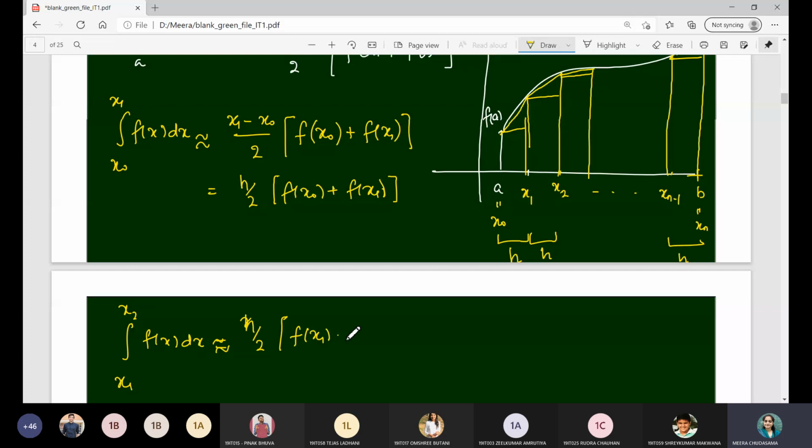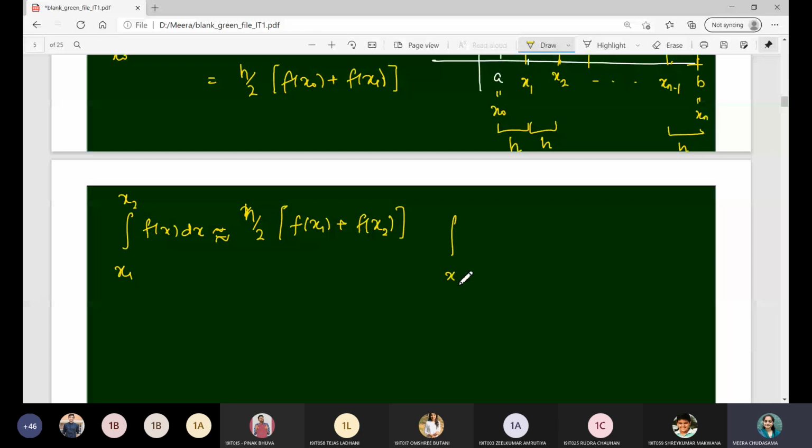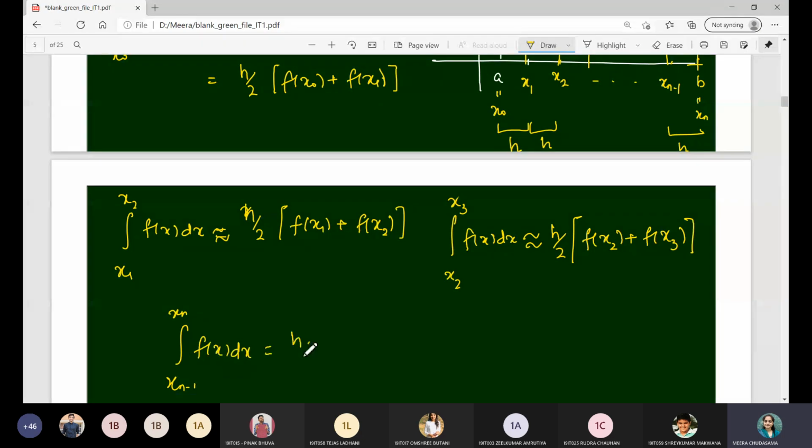Similarly, when you take the third interval x2 to x3, f of x dx will be approximated as h by 2 times f of x2 plus f of x3. And the last one, xn minus 1 to xn, f of x dx, is h by 2 times f of xn minus 1 plus f of xn.